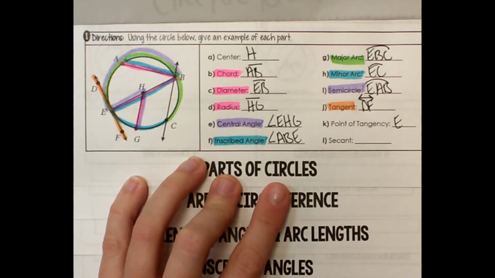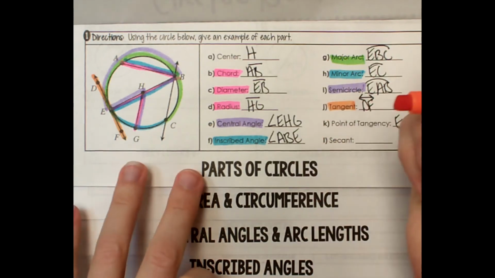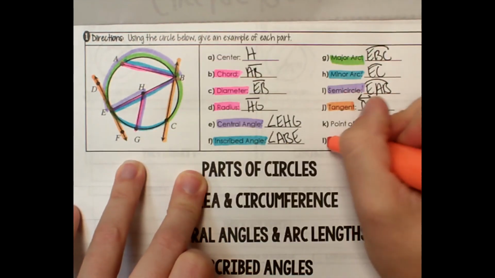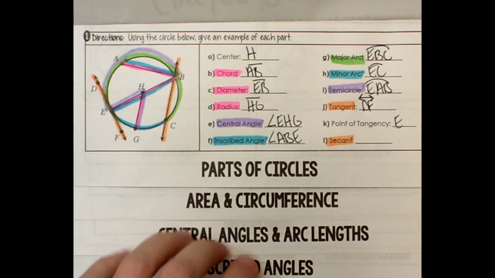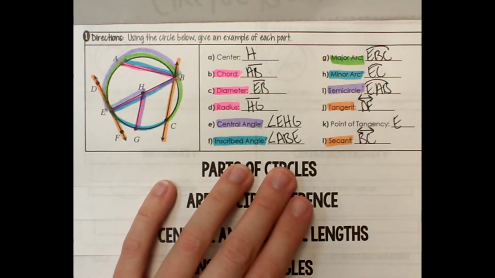And then your secant, like I said, your secant is going to touch your circle more than once. So if we do, we'll label this one as BC. Your BC is your secant. It's a line.